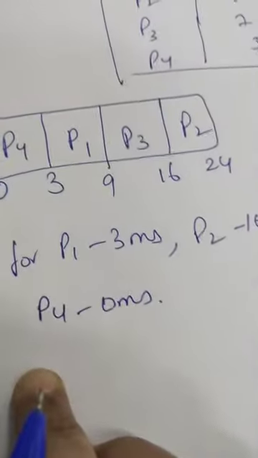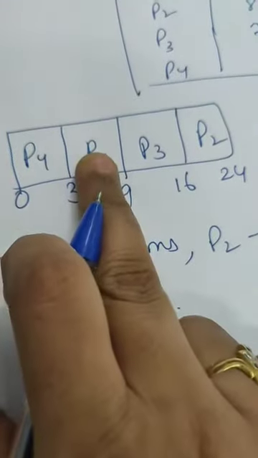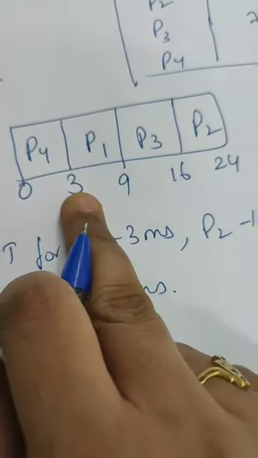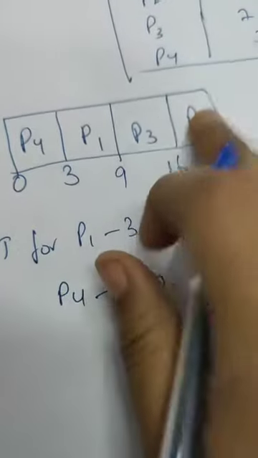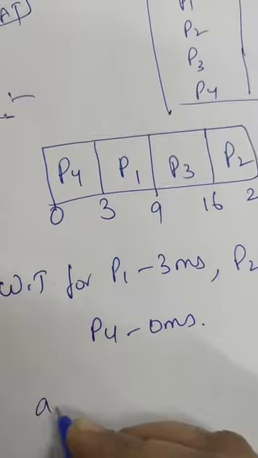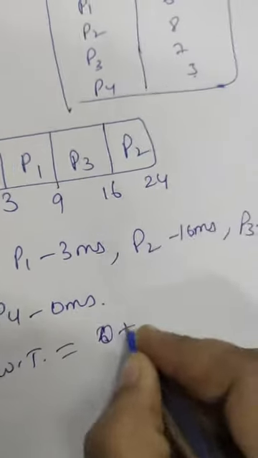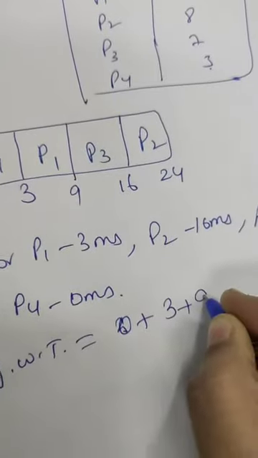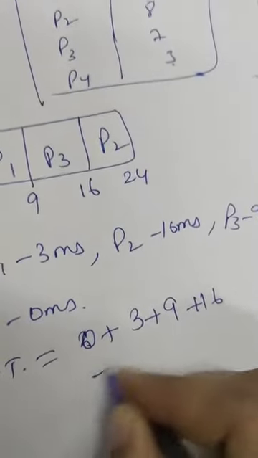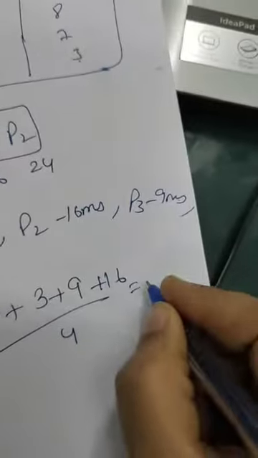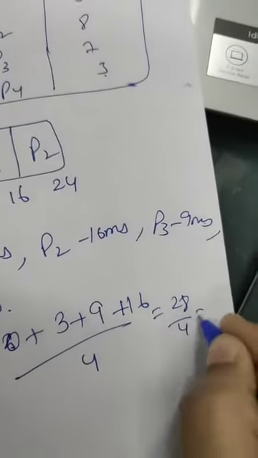So the waiting times are: P1 is 3, P3 is 9, P2 is 16, P4 is 0. What will be the average waiting time? 0 plus 3 plus 9 plus 16 by 4, that is 28 by 4, which is 7 milliseconds.